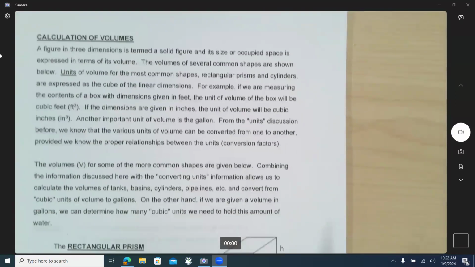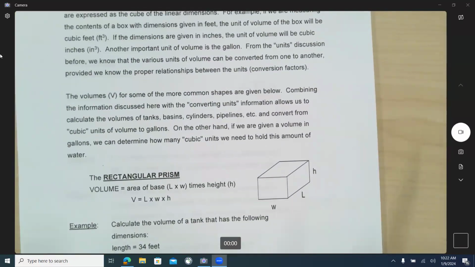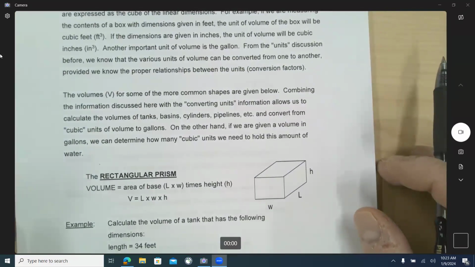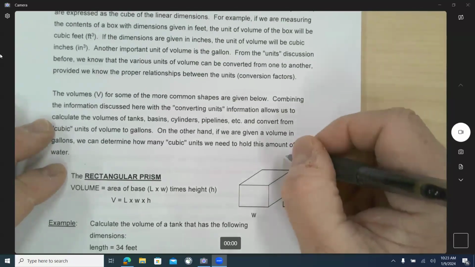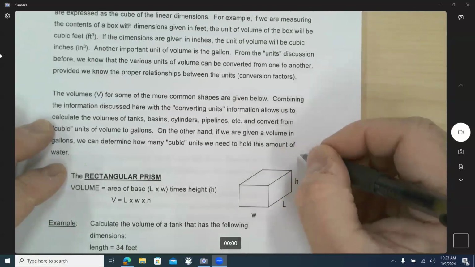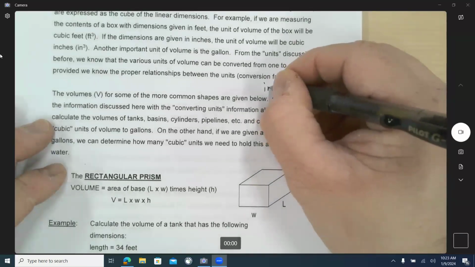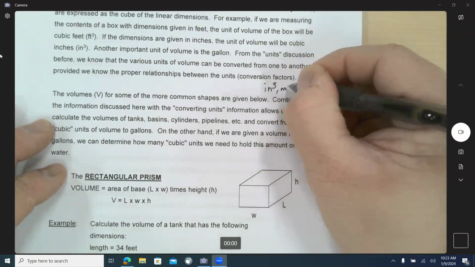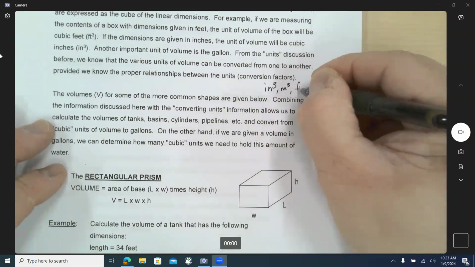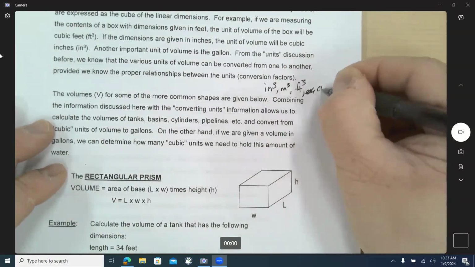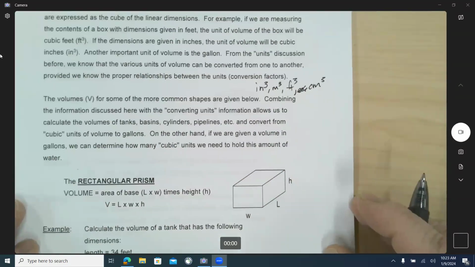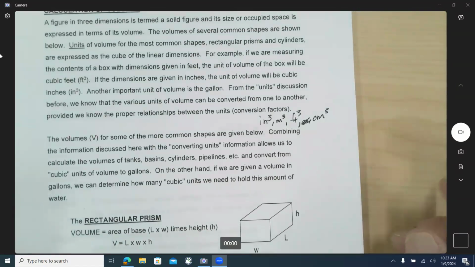So the next thing we're going to talk about is finding the volumes of stuff, all right? And you're going to find out that there is a quick relationship between the two of these. So the first thing to think about is, what do all these units seem to have in common?